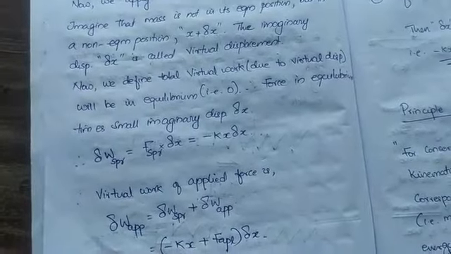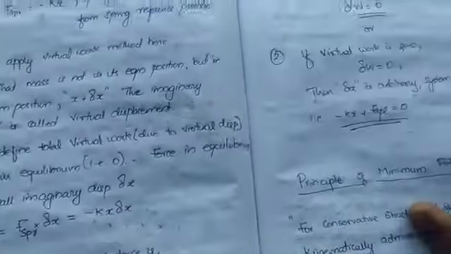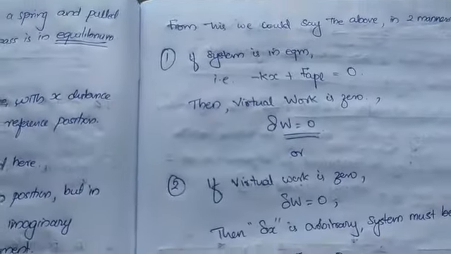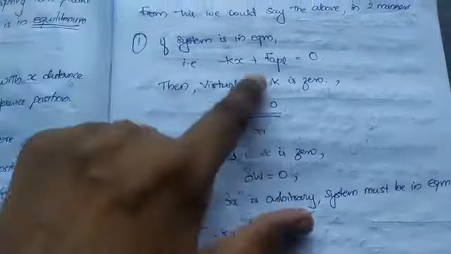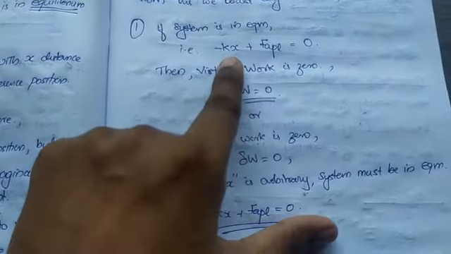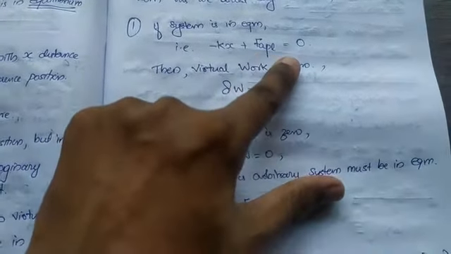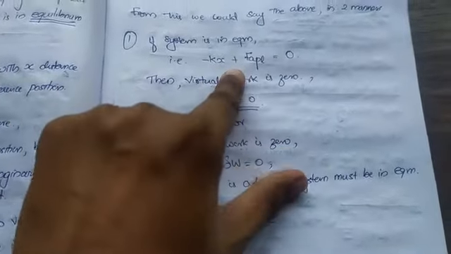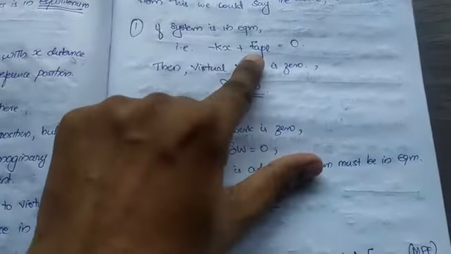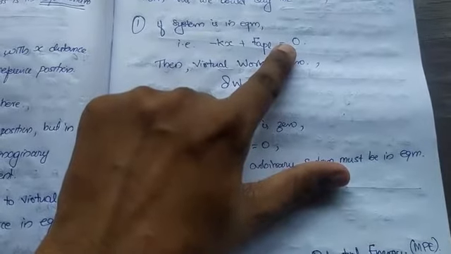See, this is what the two statements tell. If the system is in equilibrium, minus kx plus F applied is equal to 0. This is the equation that we are getting. So this equation tells that the system is in equilibrium, right?